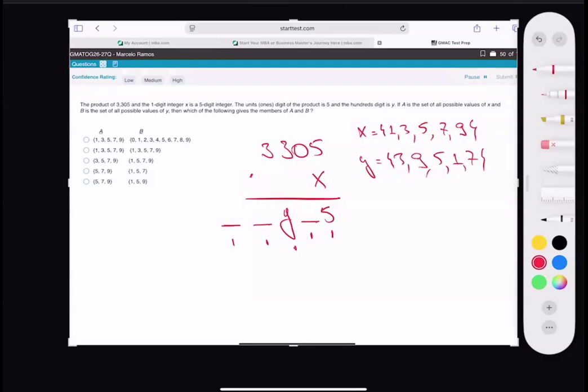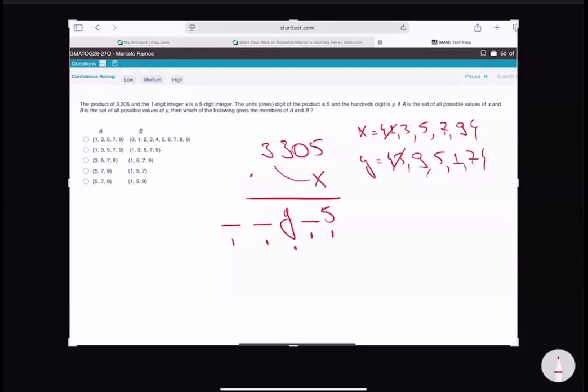So I need to have the remainder. Because if I do here, I have the other one. So 1 doesn't fit, because it's less than 10. Okay? Now, 3 doesn't fit.